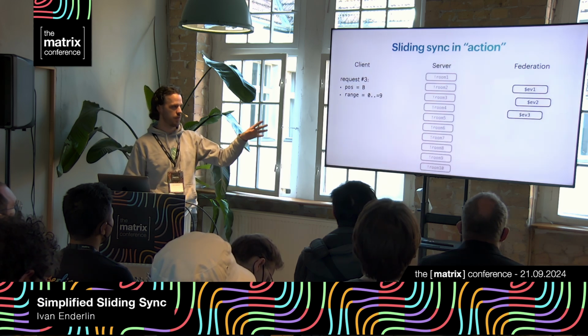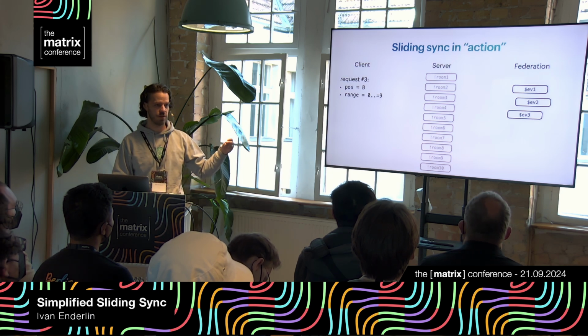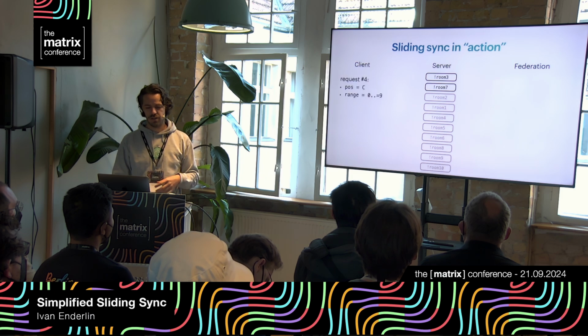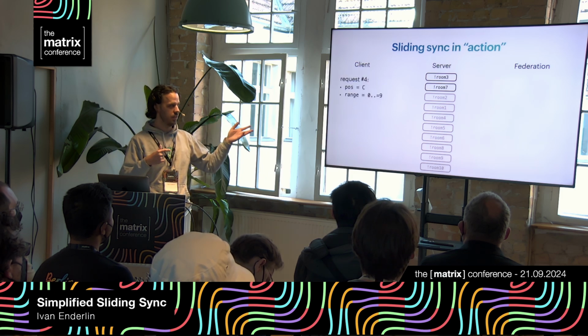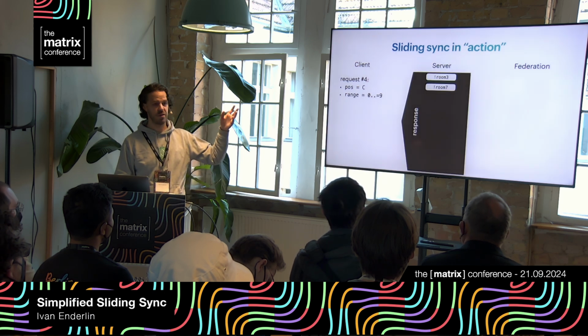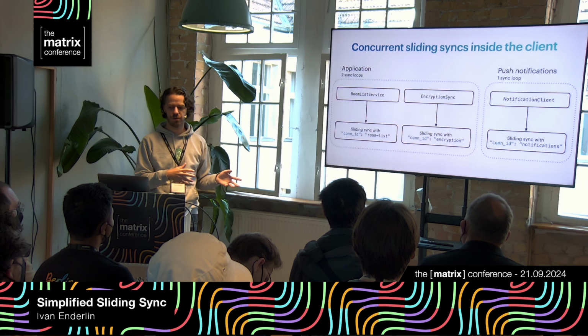And now some stuff happens on the federation, we have new events, so the rooms are going to receive some updates, maybe they're going to be sorted again or filtered again, and the client is doing another request, range for 10 rooms, there are only 2 updates, return 2. So this is how sliding sync works, basically.